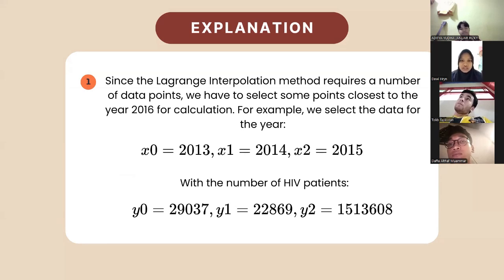For example, we select the data from the year X0 is 2013, X1 was 2014 and X2 is 2015, with the number of HIV patients Y0 is 29,037, and Y1 is 22,169 and Y2 is 1,513,609. Next slide.